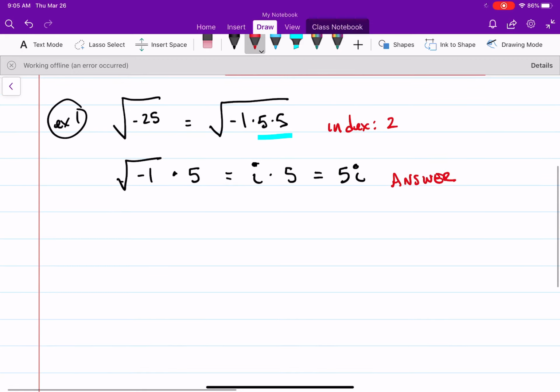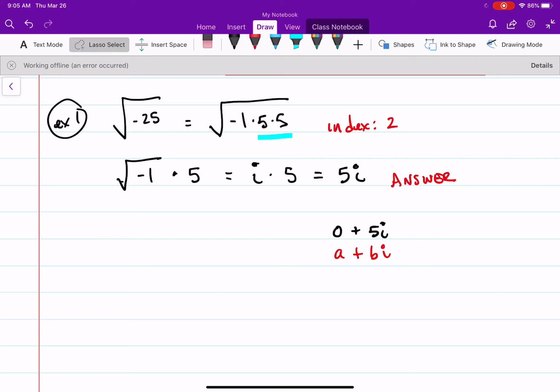In this section, most of the time they're going to ask for the a plus bi form. Since the 5 is attached to the i, that is my imaginary part, which is fine, but I don't have the real part. If I don't have a real part, then that must be just 0. So this is my a plus bi form. Those are my possible answers there.